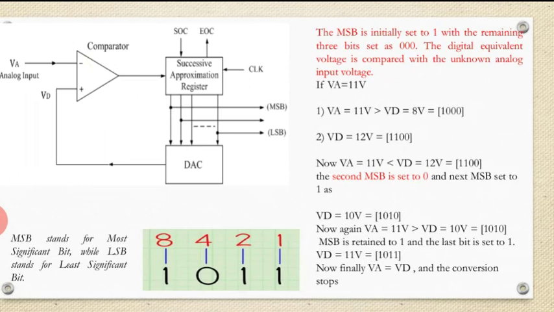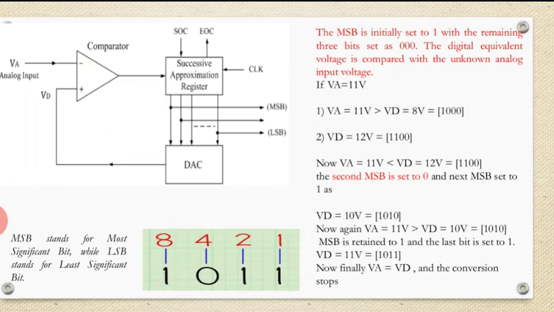The first bit is kept as it is, because 8 volt is less than 11 volt, hence the first bit stays 1, and the next bit is made high.